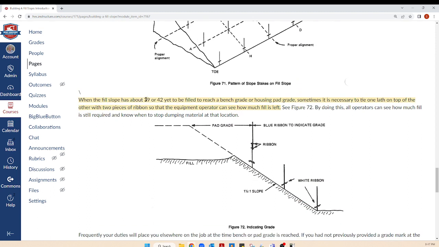When the field slope has about 39 or 42 feet yet to be filled to reach a bench grade or housing pad, sometimes it's necessary to tie one lath on top of the other with 2 pieces of ribbon so that the equipment operator can see what it's talking about.